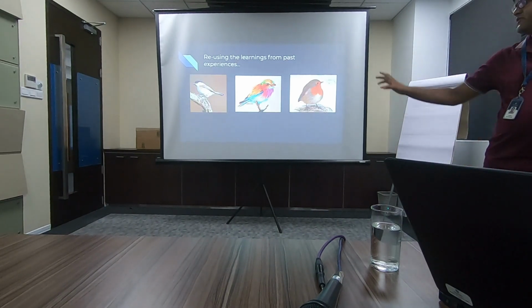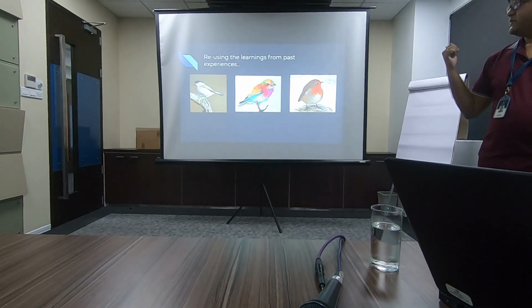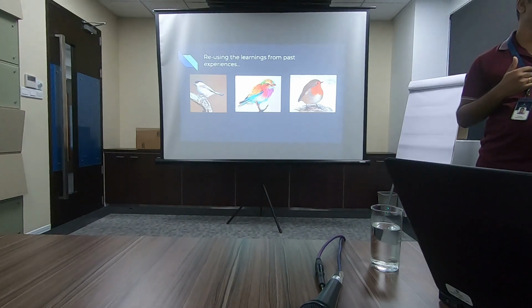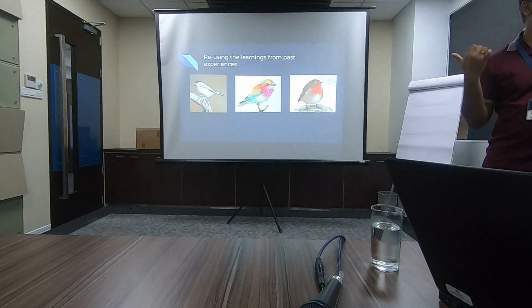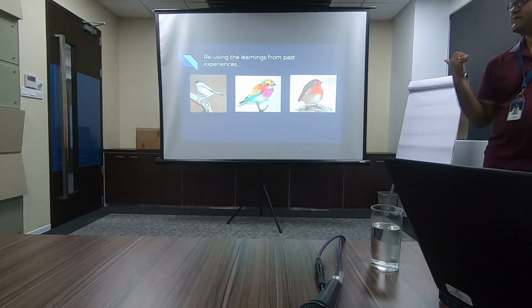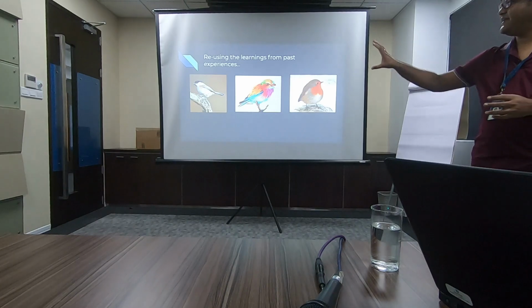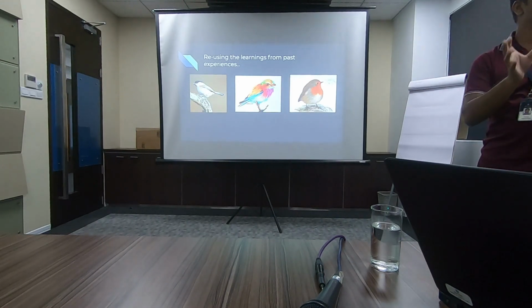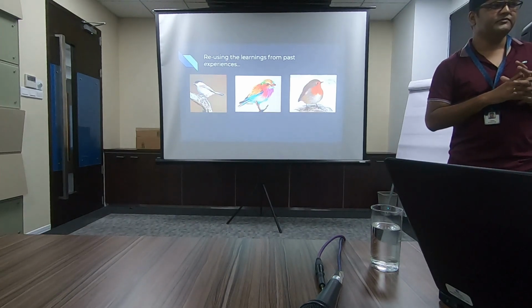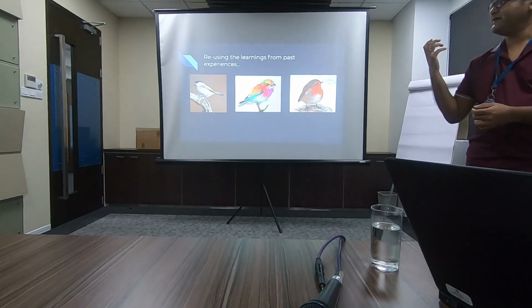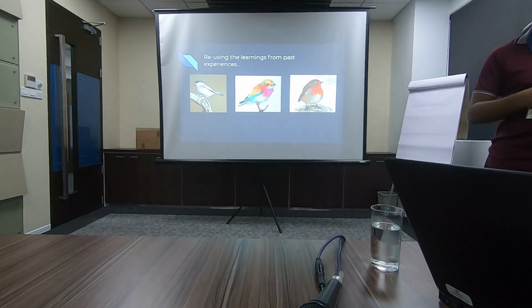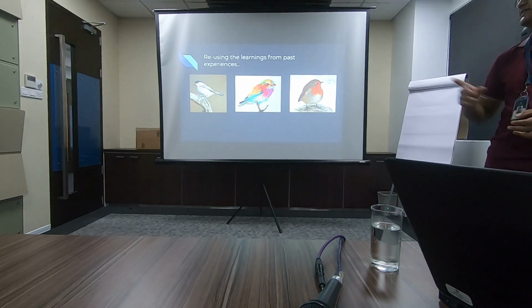If I ask you, out of these three, select the tropical bird, or the bird that lives in a tropical area. None of you have probably seen this, but you can make an educated guess, right? How do you do it? You haven't been trained in these images or any bird image training, but you have some past experience that you can apply to this unknown problem and come up with a fairly accurate assumption on what the correct one is: the center one.